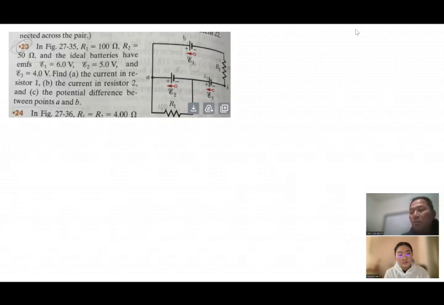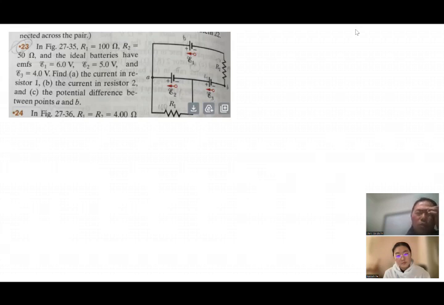You have to find the relationship between the direction of batteries, the direction of EMF, and the current flow along the circuit. It doesn't matter which direction you set up the loop of each current, as long as you have the right relationship between the EMFs and resistance, you should be able to get the right answer.